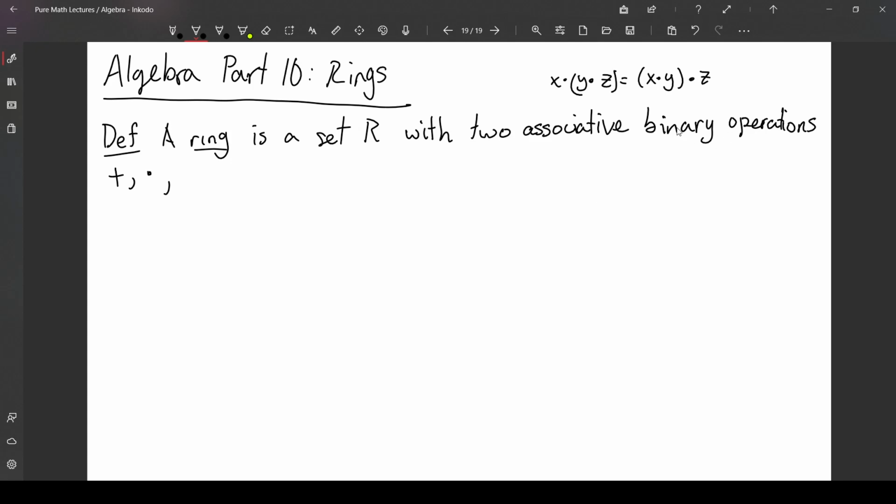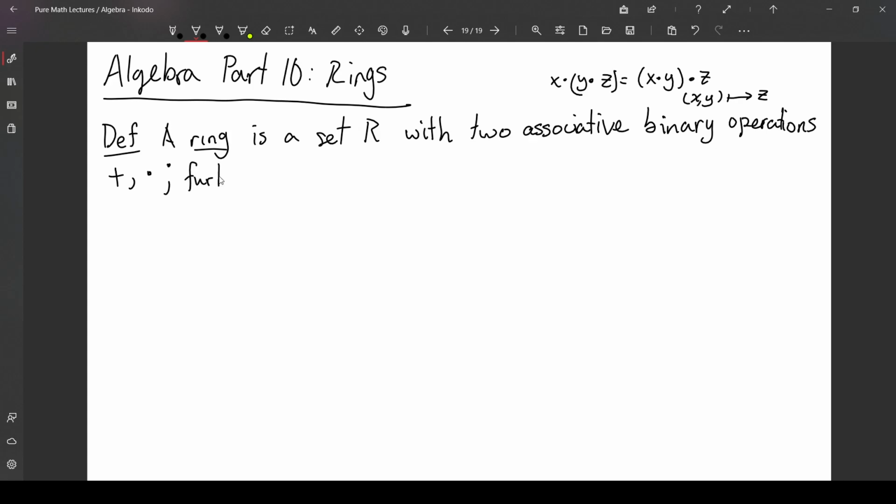Binary operation means it's a function going from pairs of elements in R. You take a pair of elements in R and you assign a new value in R. Okay, and so we've seen a group. The group operation is an associative binary operation, but rings have two operations.